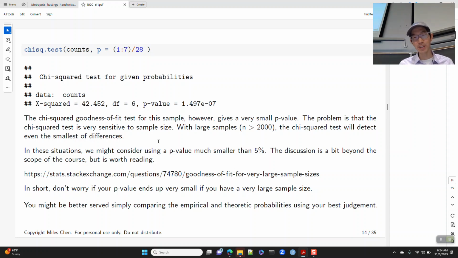I would say 2,000, and that's just a rough estimate of how big your sample for a chi-squared test should be. Anyway, I don't know if we have a very good statistical test for a really large sample. There's some discussion of what to do for goodness of fit tests, whether we have a decent test for very large sample sizes.